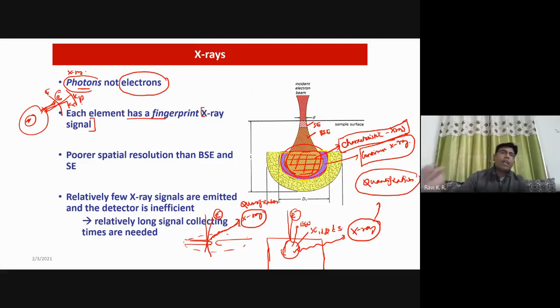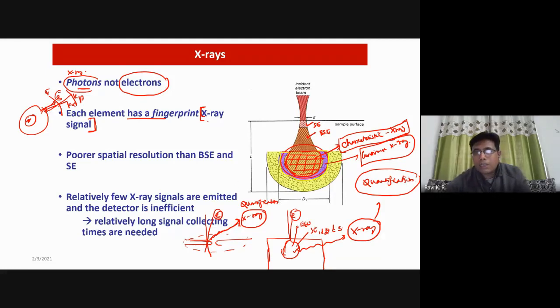Each jumping of an electron from one shell to another is going to release a signal like X-ray, which is characteristic to the particular material. K alpha of one material may not match the K alpha of another material. That is what we call the fingerprint region.